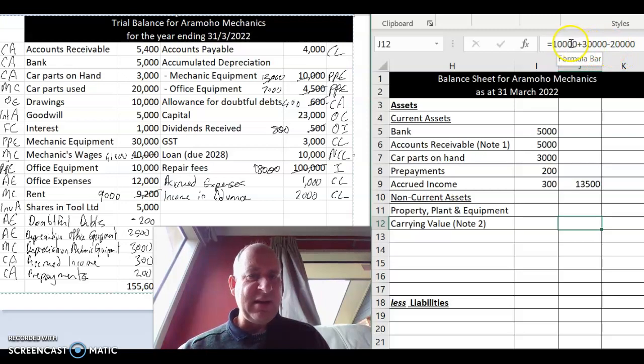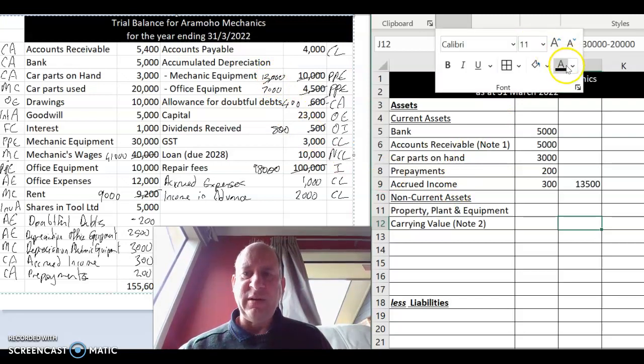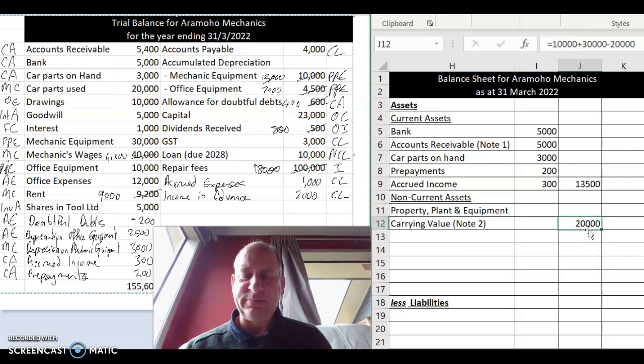So that 10,000 there is the first one, which will be the office equipment. The 30,000 is the mechanic equipment. So that's the property, plant and equipment on the left-hand side. And minus your accumulated depreciation. You can see we've got 13,000 and 7,000, which is 20,000. So the total figure, which will come out of your PPE note, will be 20,000.